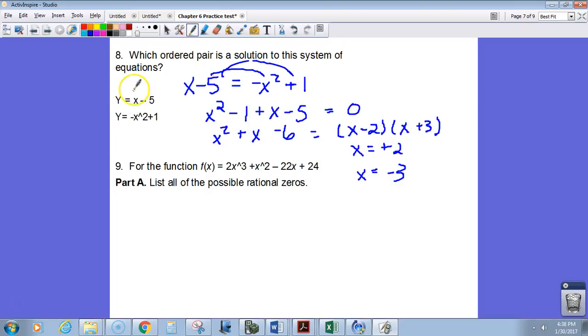If I put positive 2 in here, then my output is 2 minus 5, which is negative 3. So one answer is 2 comma negative 3. And the other answer, if I put negative 3 in for x, my output would be negative 3 minus 5, negative 8. And you should be able to check yourself on the calculator for that one.